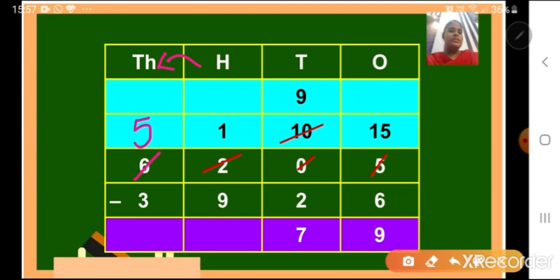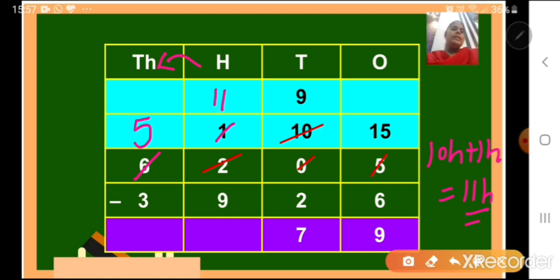Come on children, tell me. 10 hundreds, right? So 10 hundreds plus 1. 10 hundreds plus this 1 is equal to 1100, correct? So I will cut 1 and I will write here 11.